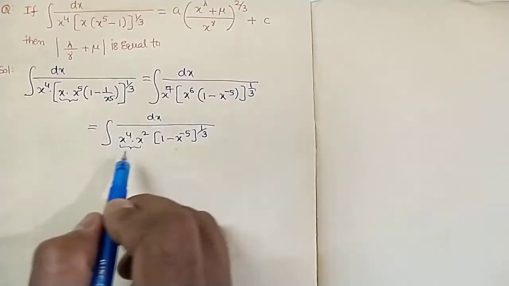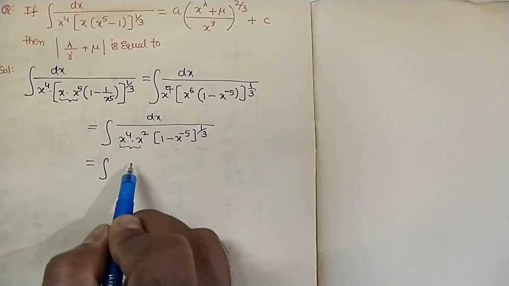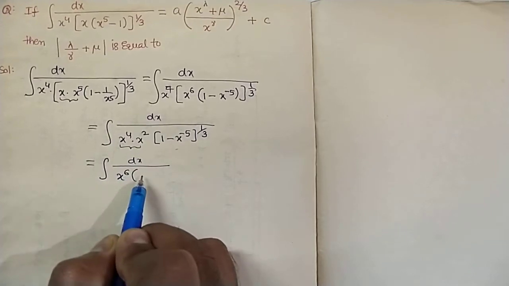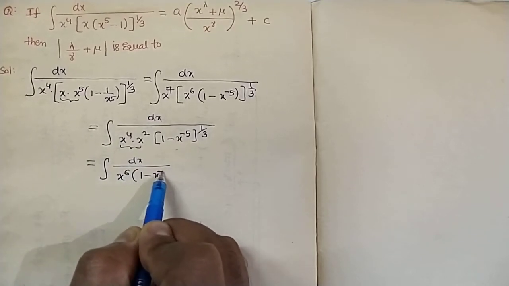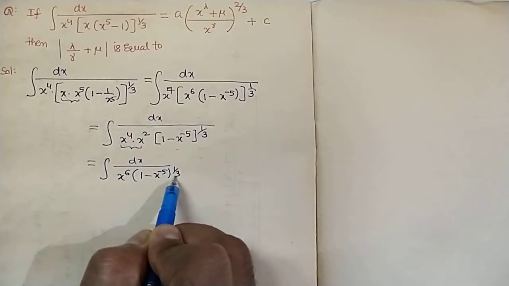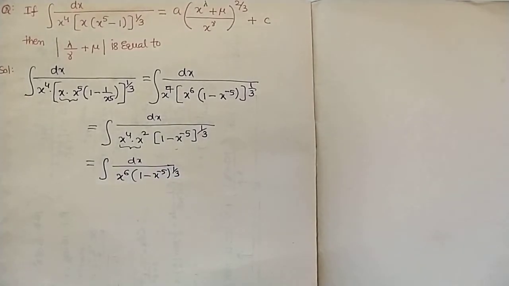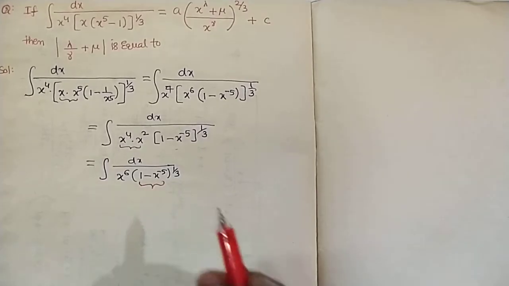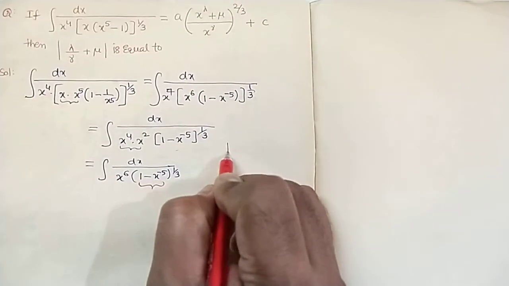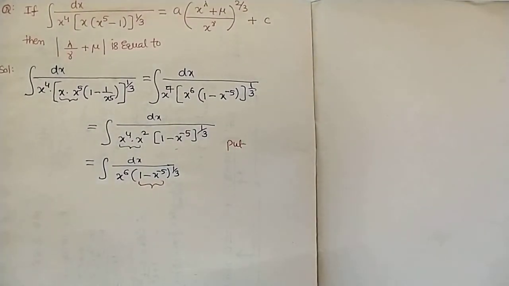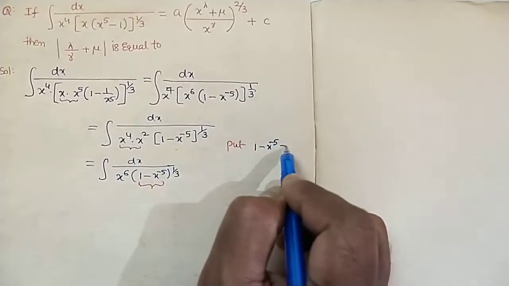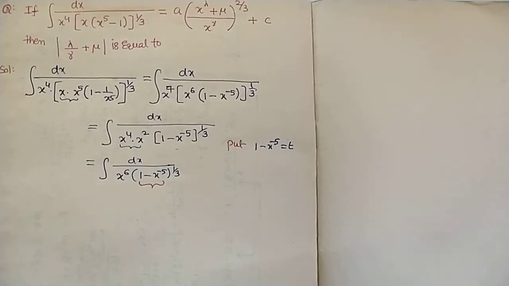We get the integral dx by x power 6 into 1 minus x power minus 5 whole power 1 by 3. Now we assume that 1 minus x power minus 5 is equal to t.